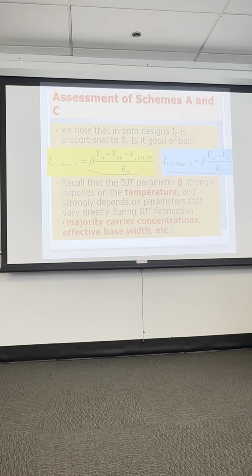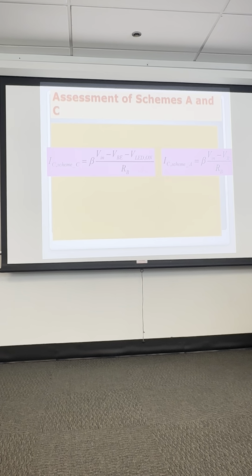Now, if the toy were very expensive, then you would probably go through and sort the beta. But another engineer would just say, well, better try a different circuit, so maybe there's a way to remove this beta dependency.